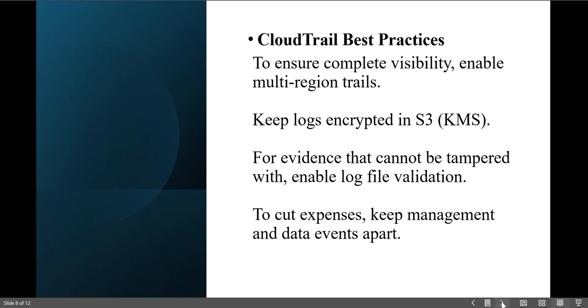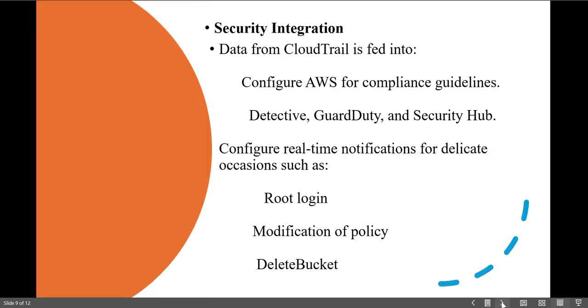Enable log file validation, and keep management and data events separate. For CloudTrail, enable it across all regions to ensure complete visibility, store logs in encrypted S3 buckets with access control, regularly review activity patterns to detect unusual behavior, and forward logs to SIEM tools if needed.